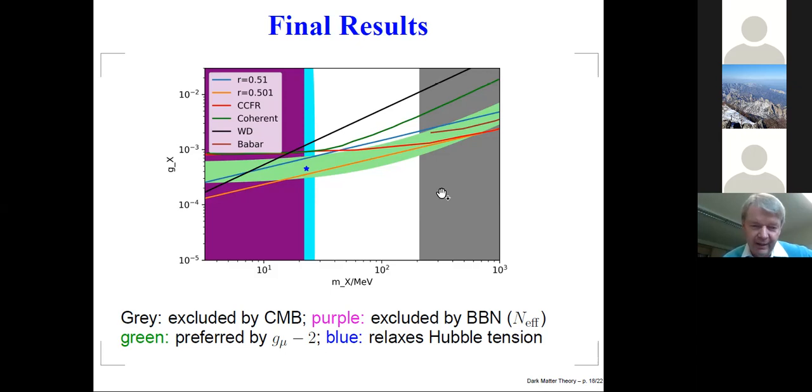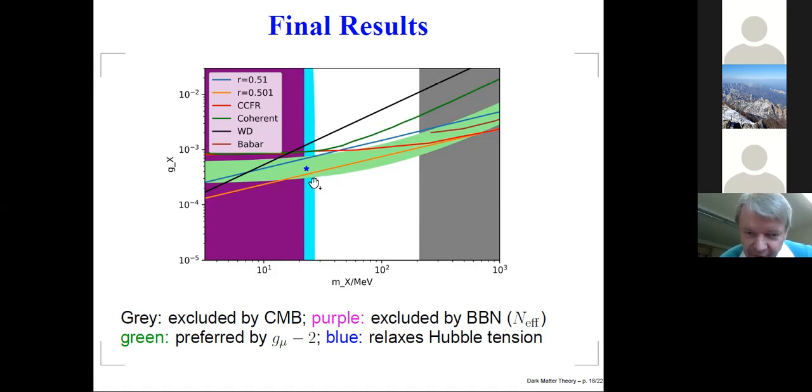So that's clearly excluded. On the other hand, this purple region is excluded by this BBN constraint on N effective. The small blue region is the one where N effective is between 3.2 and 3.4, so where we say that you can help something with the Hubble tension.